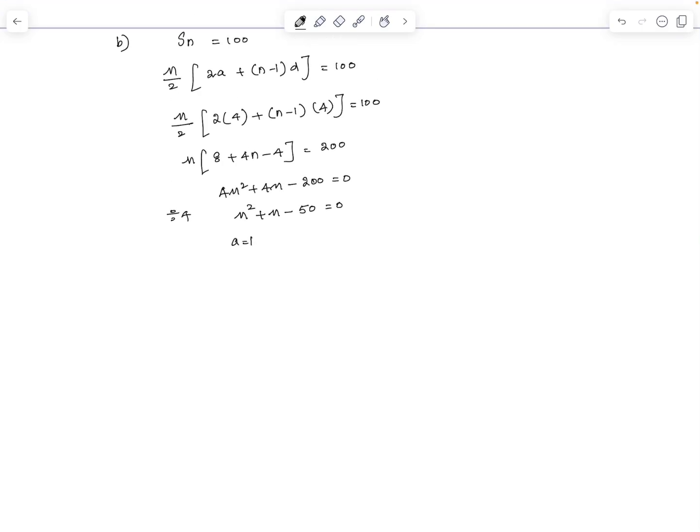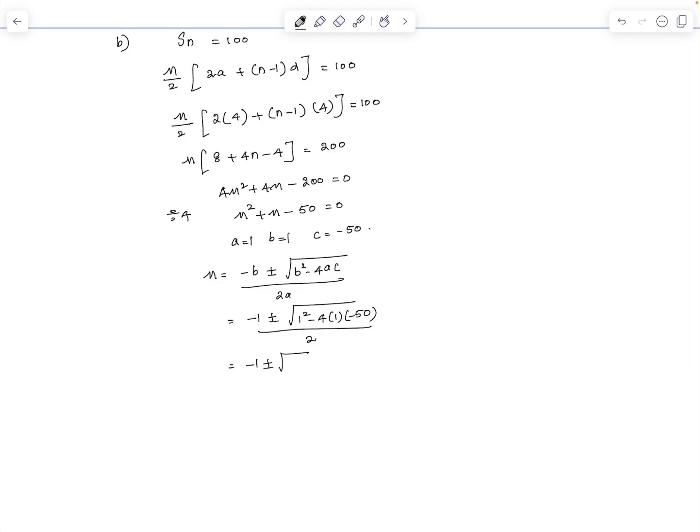Here a is 1, b is 1 and c is minus 50. n is equal to minus b plus or minus square root of b square minus 4ac upon 2a. b is 1, so minus 1 plus or minus root of 1 square minus 4 times 1 times minus 50 upon 2, which is minus 1 plus or minus root 201.